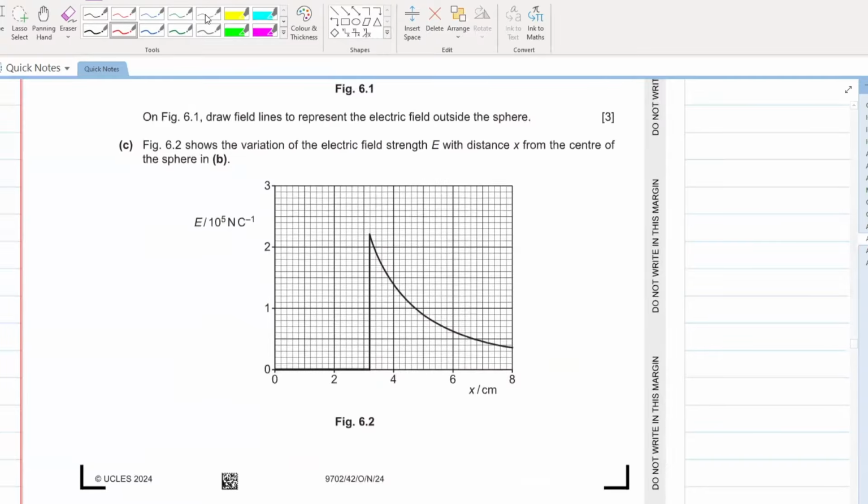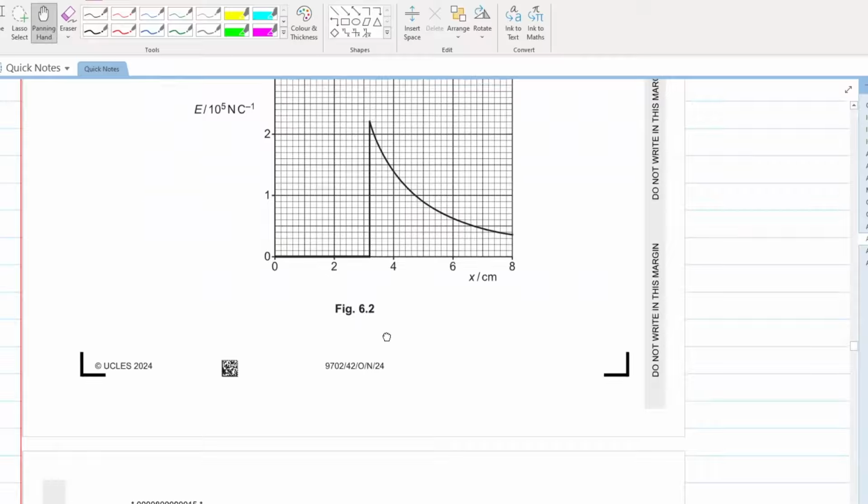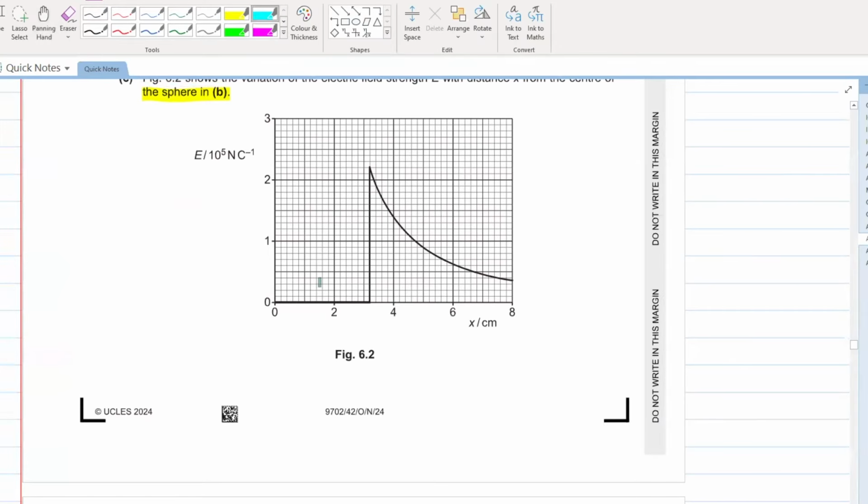Let's see this. Figure 6.2 shows the variation of the electric field strength E with the distance from the center of the sphere. Perfect. Electric field strength versus distance graph is given to you. So what do you have to do? You have to determine the radius in centimeter of the sphere. What can be the radius here?